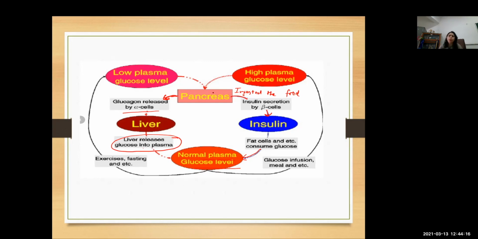So that's how our body works. The pancreas plays both roles: it plays the key role in maintaining the blood glucose level. Even if it is high, it brings it to normal, and even if it is low, it also brings it to normal.